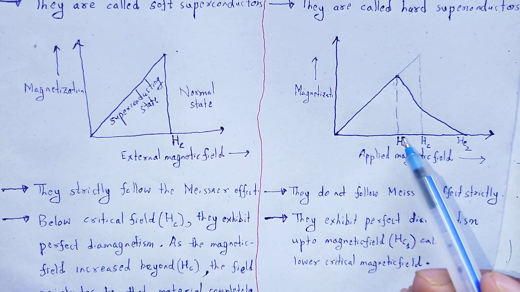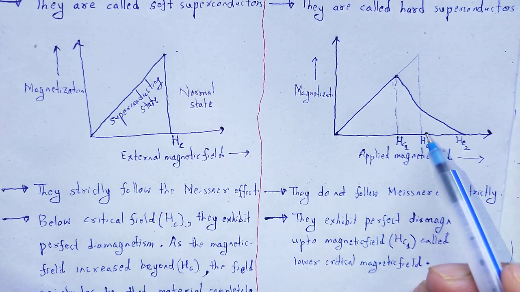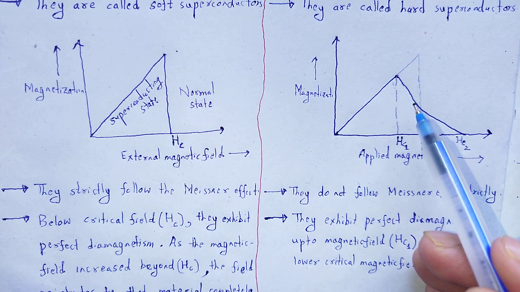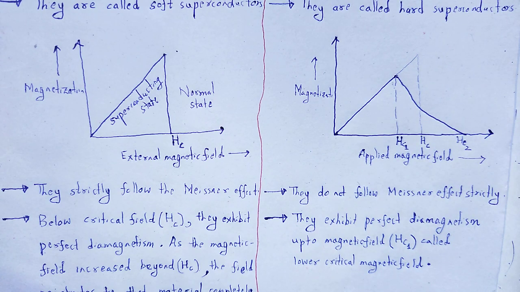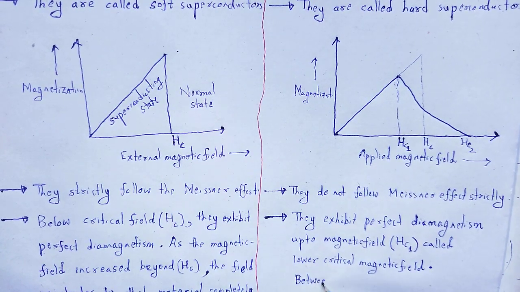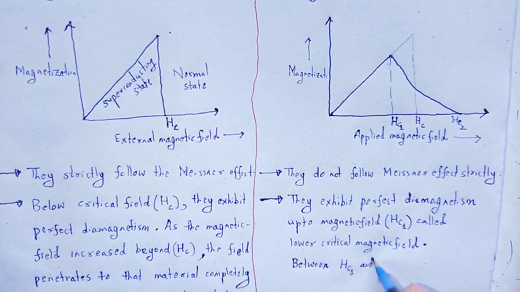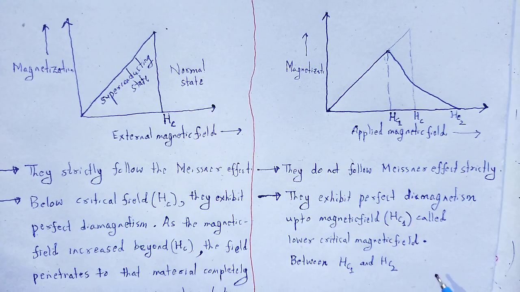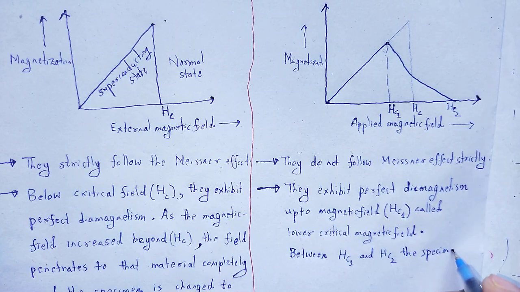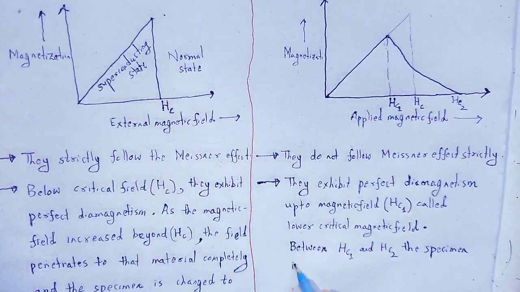Between Hc1 and Hc2, that region is a mixed region, both superconducting as well as normal region. Between Hc1 and Hc2, the specimen is in mixed state.